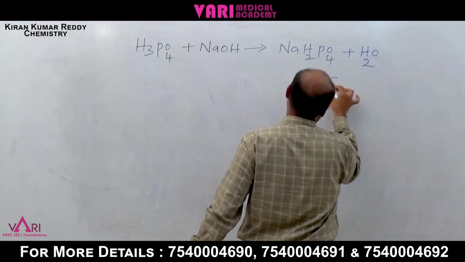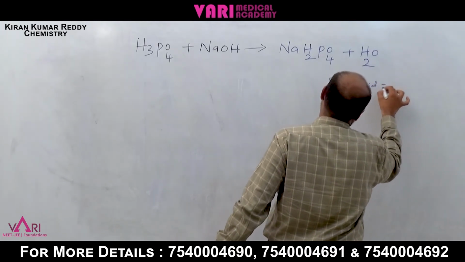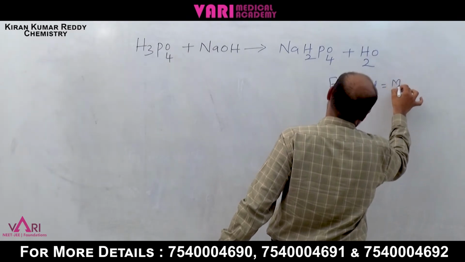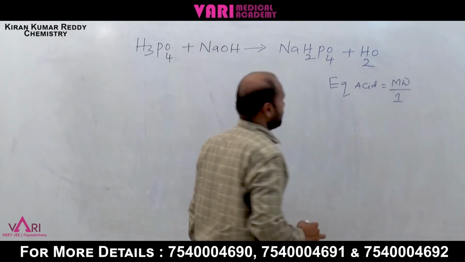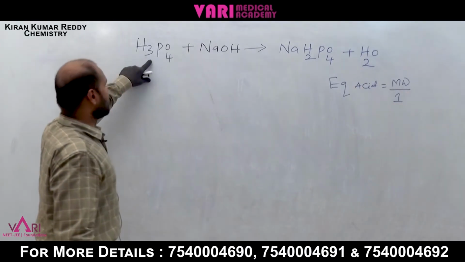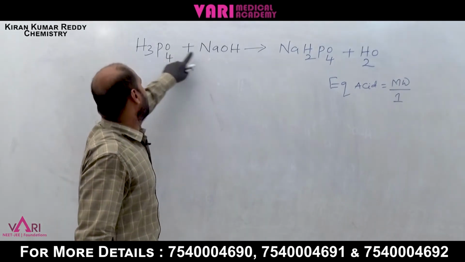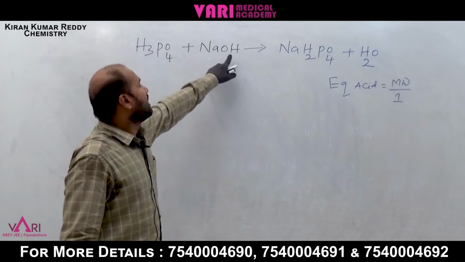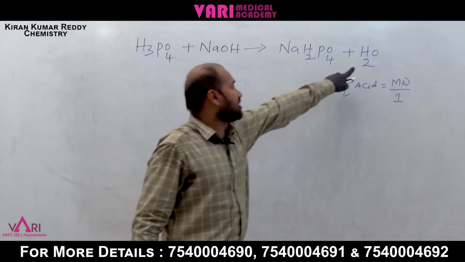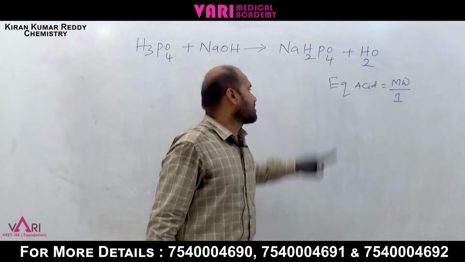Now the equivalent weight of the acid is molecular weight by how many replaceable hydrogens? 1, because H3PO4 with NaOH gives NaH2PO4. Here one hydrogen is replaced, with the OH forming H2O. This is sodium dihydrogen phosphate.